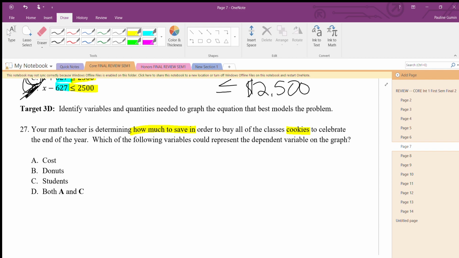That's just not fair. Now, let's think about this. Maybe the amount of money the teacher has to save depends on the number of students in the class. Well, that makes more sense. You can calculate how many cookies to buy depending on the students. So, the cost depends on the students.